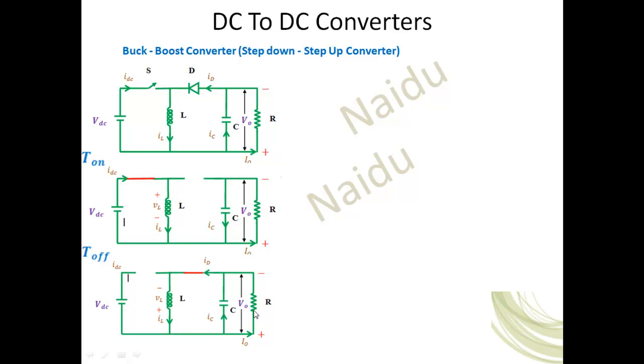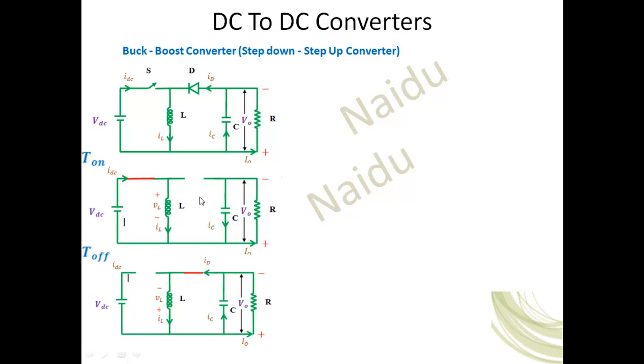The inductor current splits into two portions: the average current flows through the load and the ripple current flows through the capacitor. These meet again, and the same current flows through the diode. That means the inductor current is the same as the diode current in this duration. So you can assume that when the switch is on, the equivalent circuit behaves like a boost circuit, and when the switch is off, it is the same as the buck converter during T off.